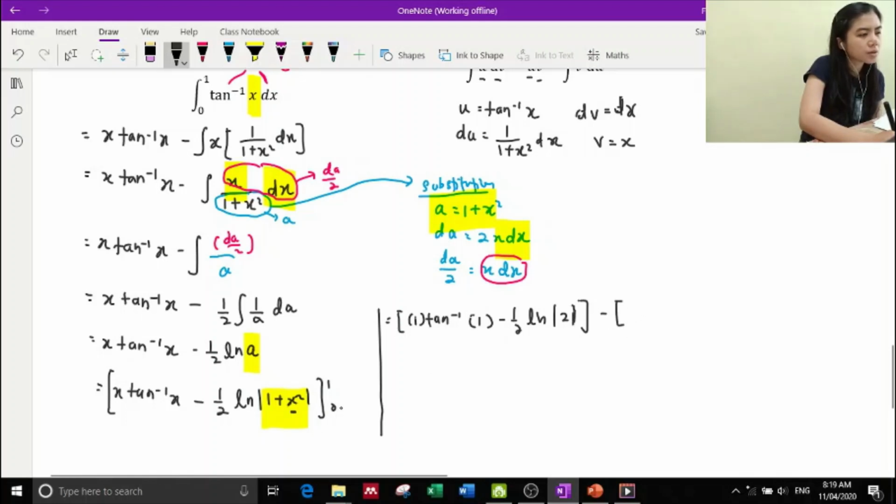When you substitute x as 0, you have 0 tangent inverse 0 minus 1 over 2 ln of 0 squared is 0, plus 1 is 1. These two items are 0, right? So what remains is the answer, pi over 4 minus 1 over 2 ln 2. That is the answer.